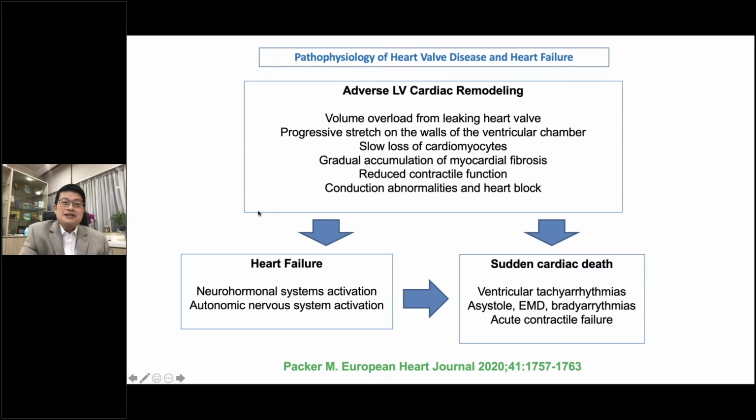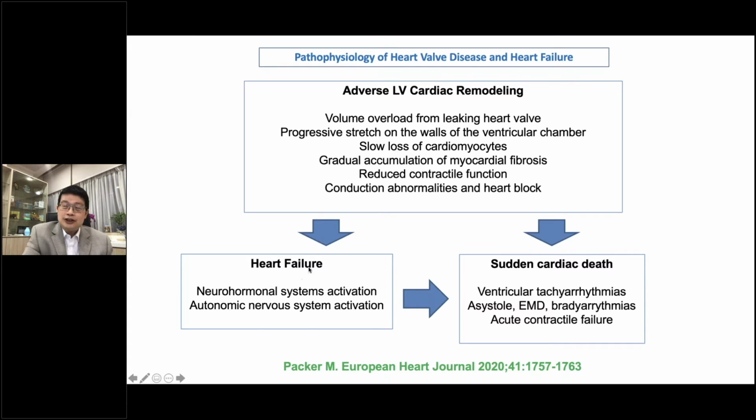Okay, so in that particular patient, clearly with the mitral regurgitation, the problem of volume overload results from the leaking heart valve. If we were to leave that alone over time, there is then a pathophysiological process where there's progressive stretch on the walls of the ventricular chamber, a slow loss of cardiomyocytes over time, and then with time myocardial fibrosis will set in with reduced contractile function, and conduction abnormalities and heart block will result.